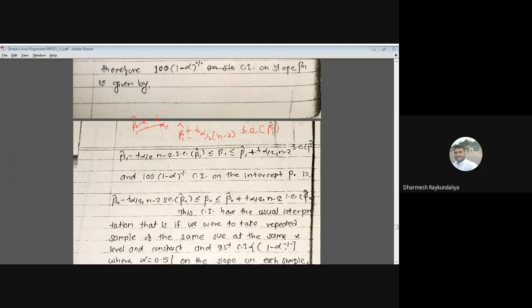So what is the lower bound? Beta 1 cap minus t alpha by 2, n minus 2, times the standard error of beta 1 cap. And what is the upper bound? It is the plus. So beta 1 lies between these two. This is said to be the 100 into 1 minus alpha confidence interval of beta 1.